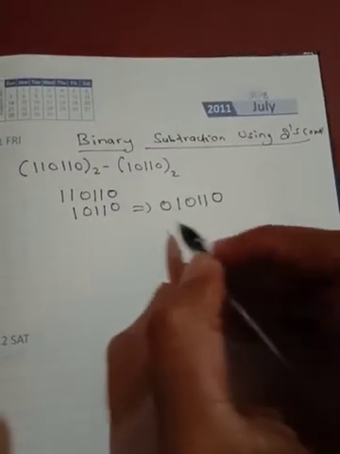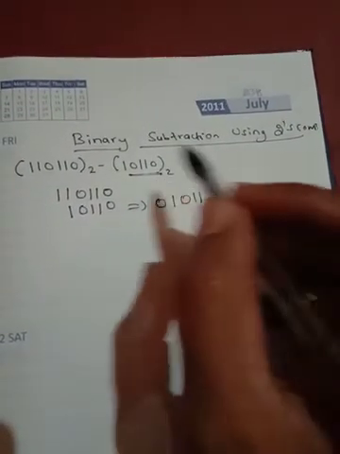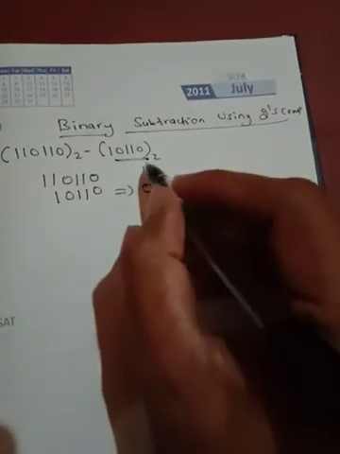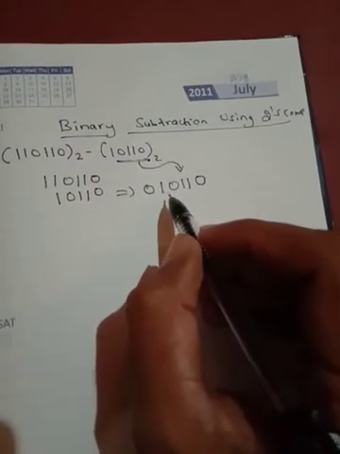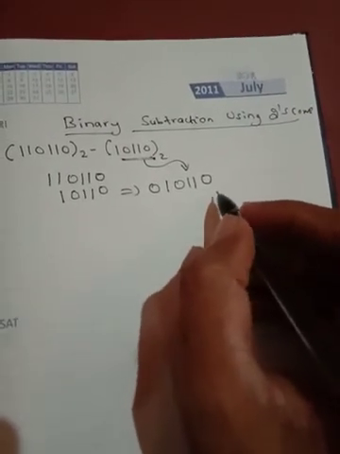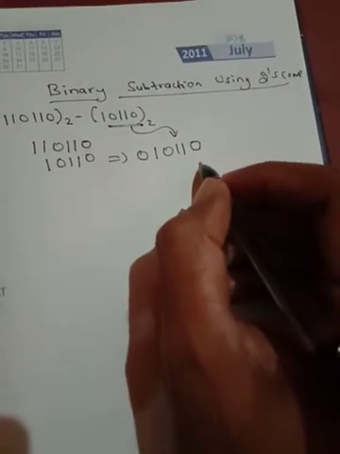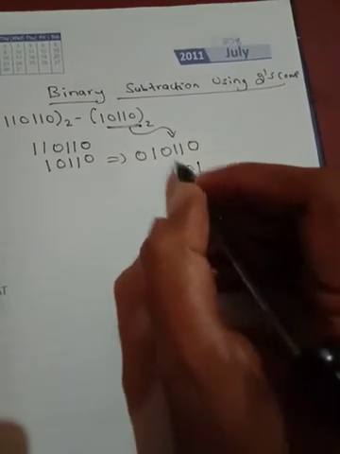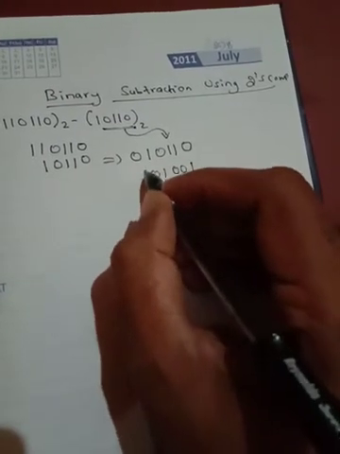Now you have to convert this subtrahend to two's complement for the solution. It is the same concept: first you invert the bits, which gives 1 0 0 1 0 1.